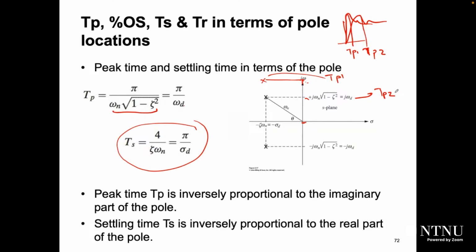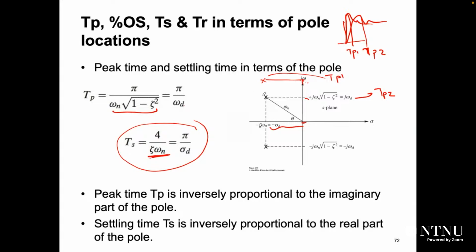For the settling time, it will be 4 divided by the real part, sigma d. So this is the settling time. If the real part increases, the settling time will decrease, which is good, right? Because the system will be faster.